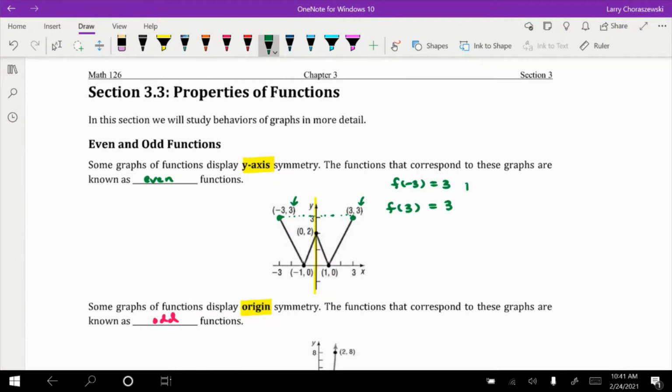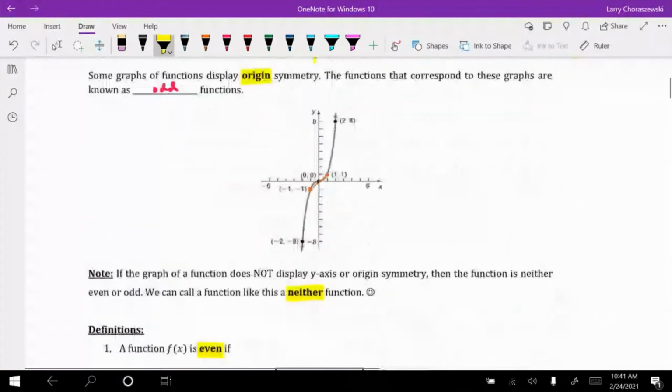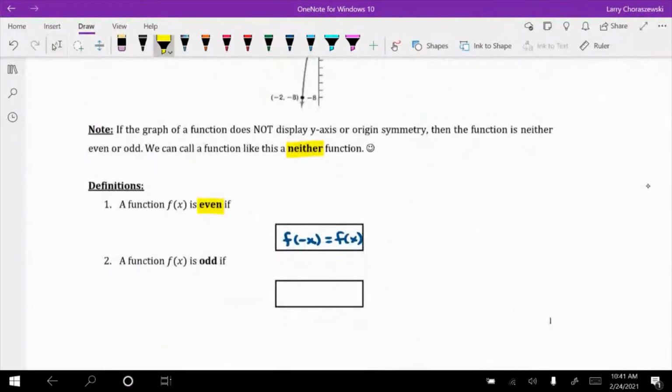So since 3 is equal to 3, this shows that f of -3 is equal to f of +3. And so we get the same output when the inputs are opposites of each other. And that's exactly how we define an even function: f of negative x is equal to f of x.